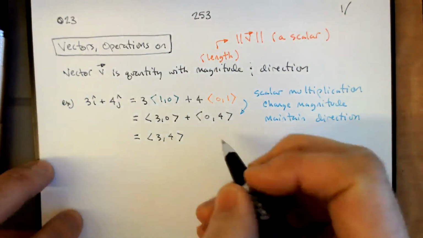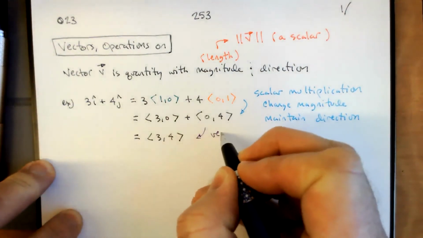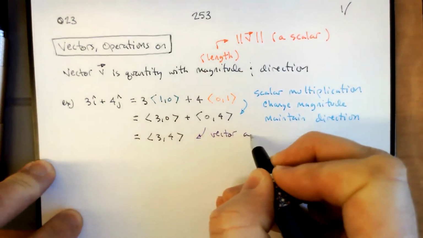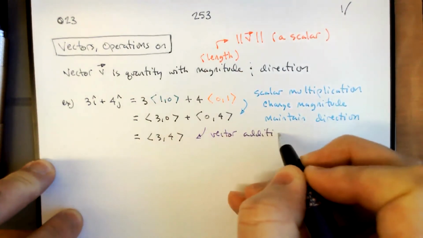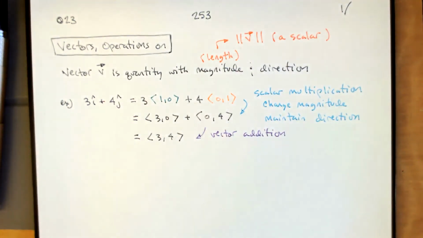So here's the operation of vector addition. We just add the corresponding components.